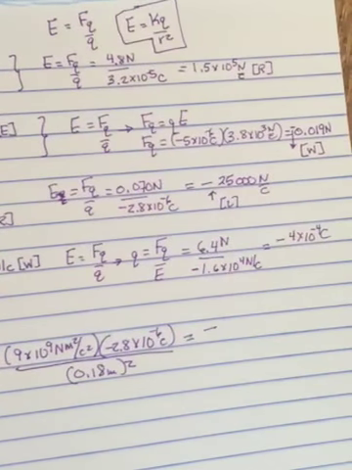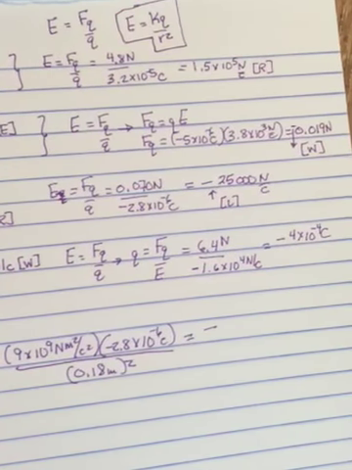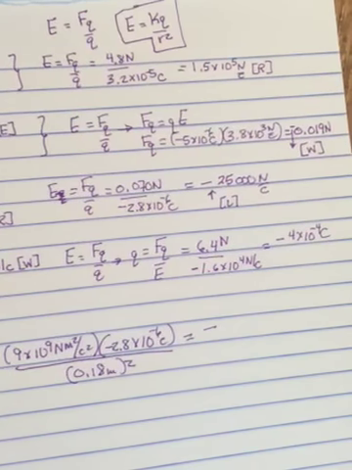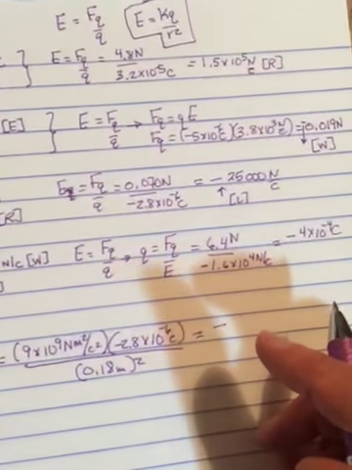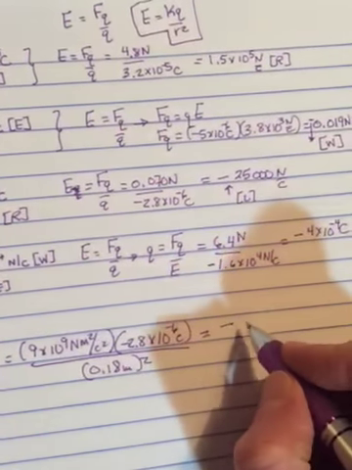So it's 9 times 10 to the 9th times 2.8 times 10 to the negative 6 divided by 0.18 squared. Oh, did I screw up? Did you get a whole bunch of 7s repeating?